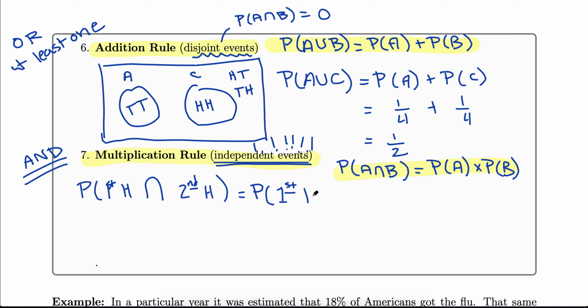Probability of getting heads on the first times the probability of getting heads on the second. So getting heads on one toss is 1/2. Getting heads on the second is 1/2. So that gives me 1/4. Which makes perfect sense with what we saw. If you remember, out of our 4 outcomes, one of the 4 was heads, heads.